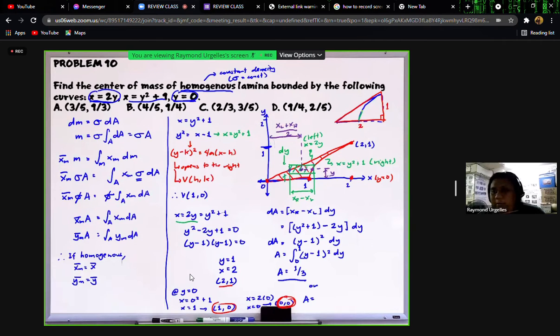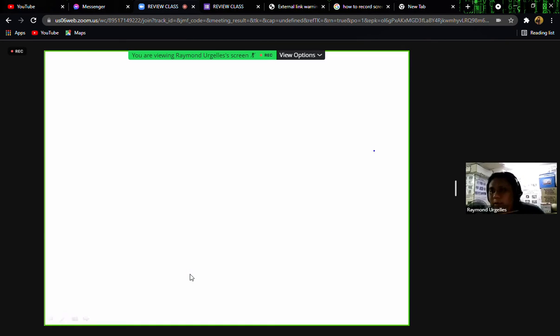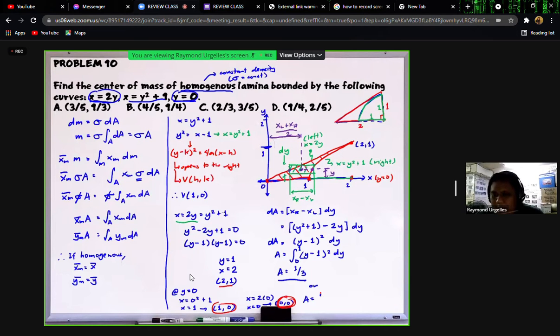We just need to subtract the parabolic segment, which has a base of 1 unit and a height of 1 unit. So another way to solve this is 1/2 times base times height, minus 2/3 times base times height.